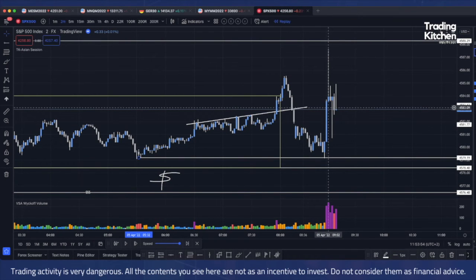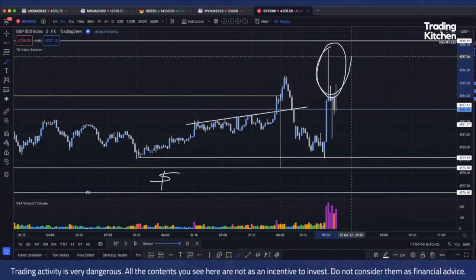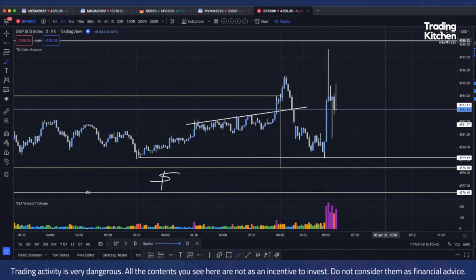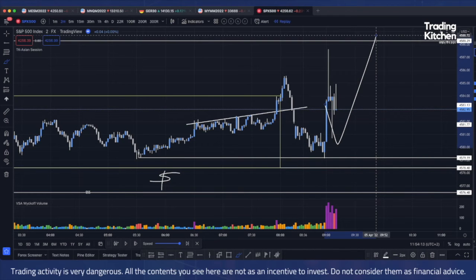But I will not enter here because I see this long tail, and I don't like it, because we have a strong pressure of the sellers here. So I don't care if price now moves here like this, but I don't like it.